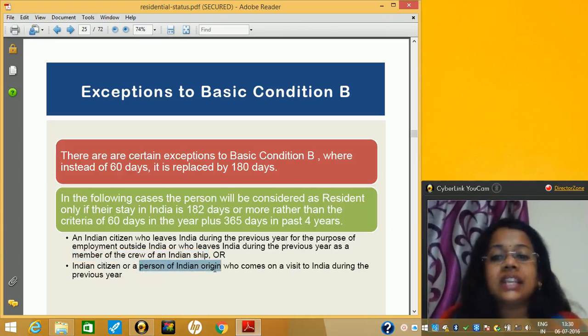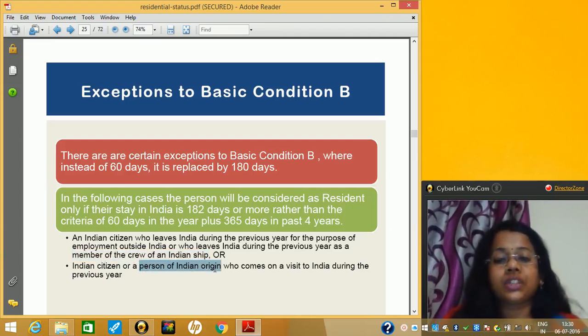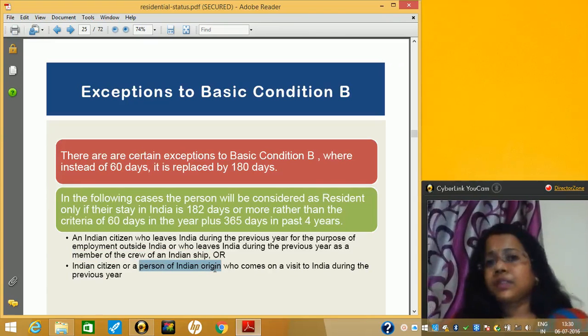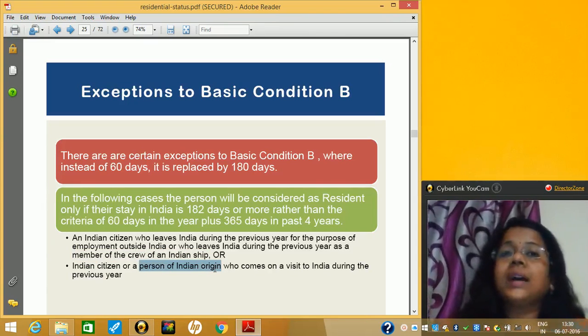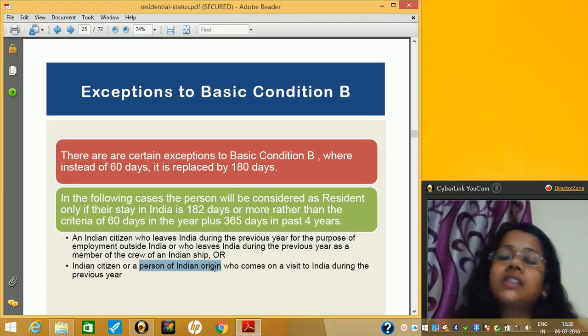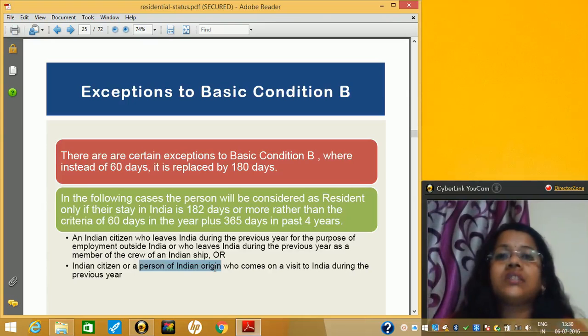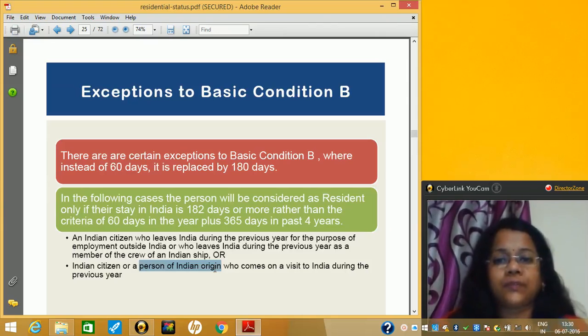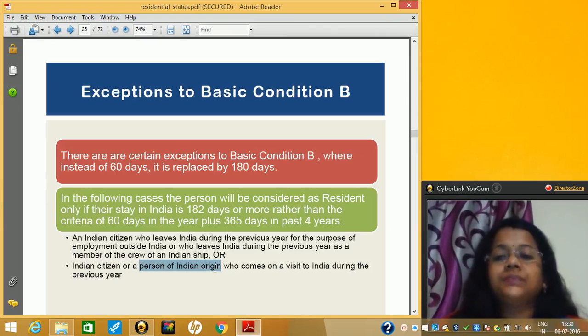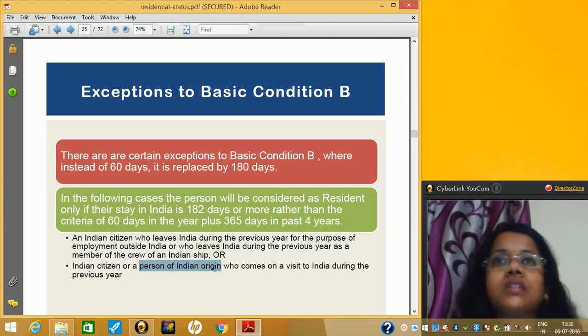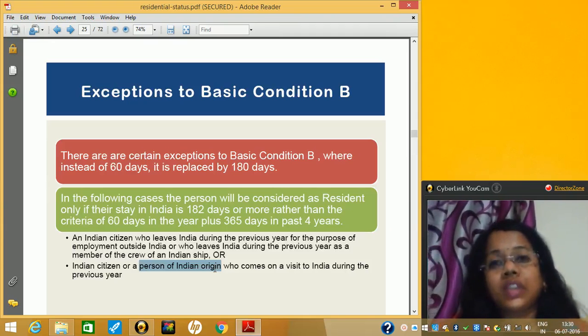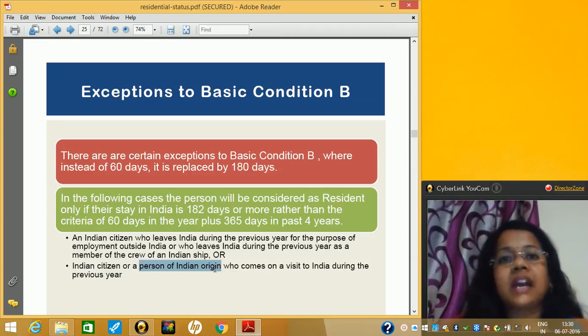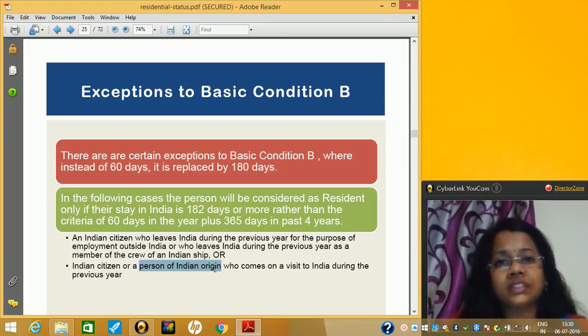The first thing is the person of Indian origin. What do you mean by a person of Indian origin? A person whose parents or grandparents were born in undivided India will be known as a person of Indian origin. For example, Mr. Sam is a UK citizen. His parents are also UK citizens.